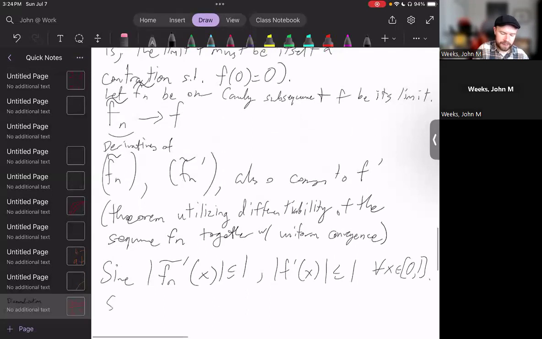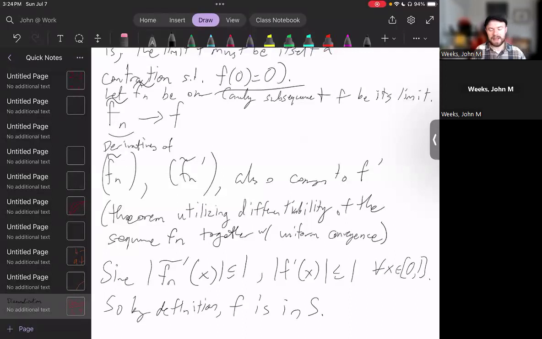Which means, by definition, f is in S because it is a contraction. Since all of the original sequence values for this Cauchy subsequence were all 0 at x equals 0, the function that they all converge to has to have exactly the same y value at x equals 0. So we are done. And that gets us our little box, our little happy face.